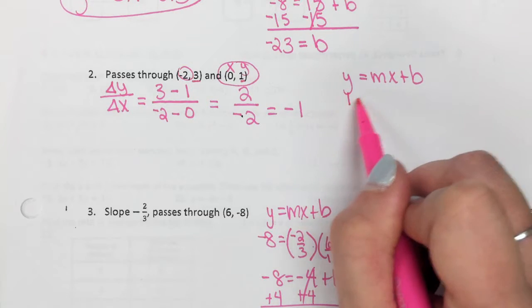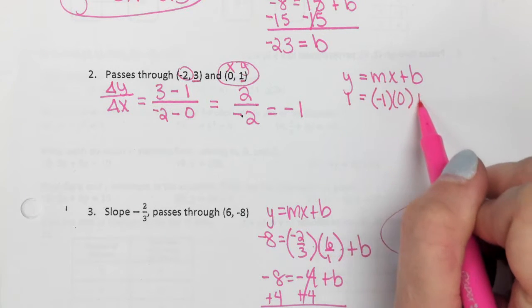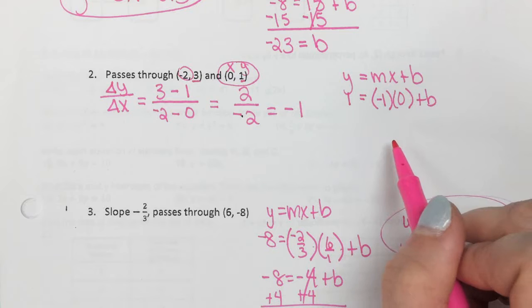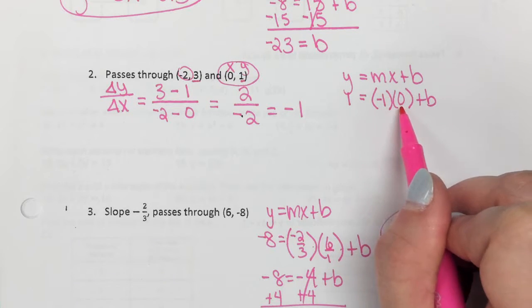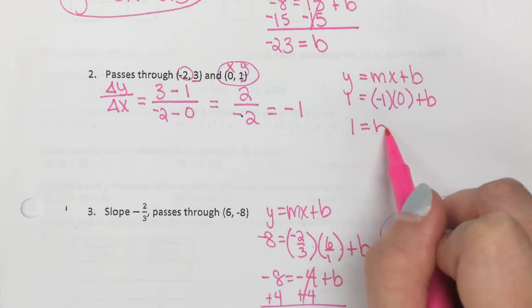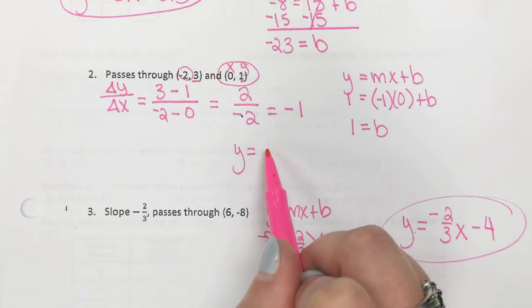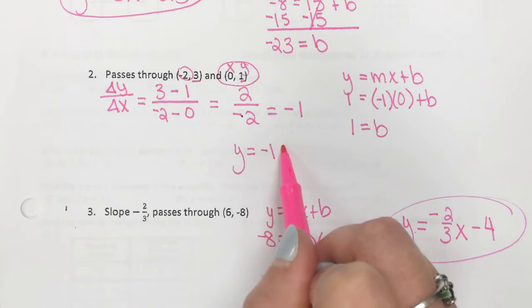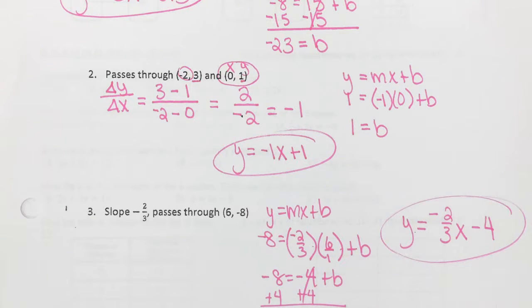Y is going to be 1, times 0. What's negative 1 times 0? 0. So it goes away. So I got, my slope is negative 1x plus 1. There you go.